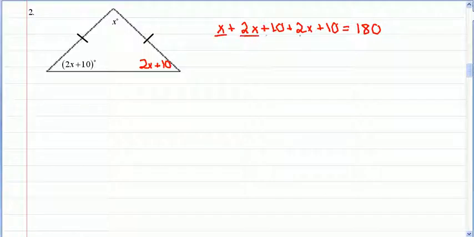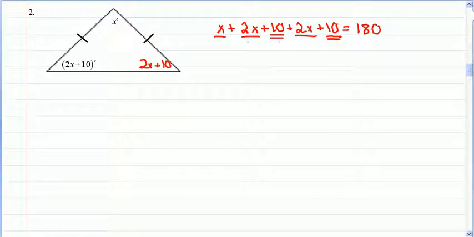And then you start to solve for x. The first step in solving for x is to combine your like terms.